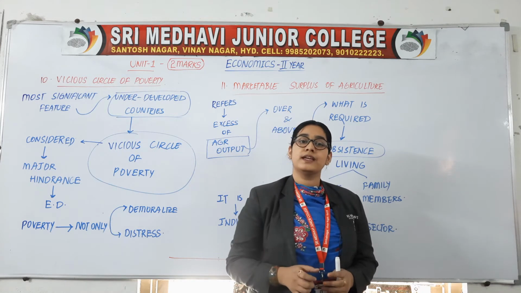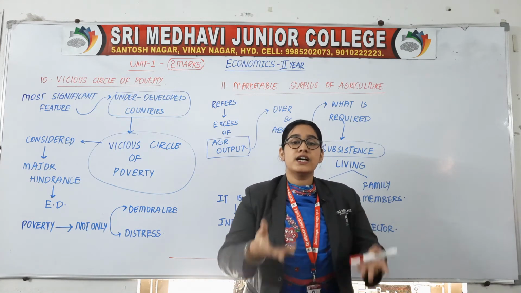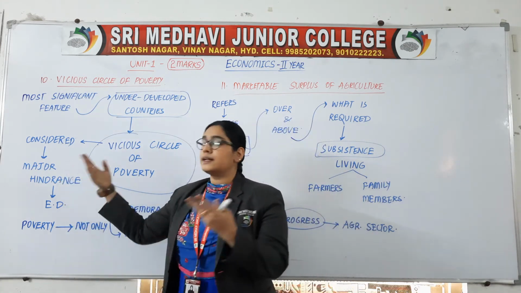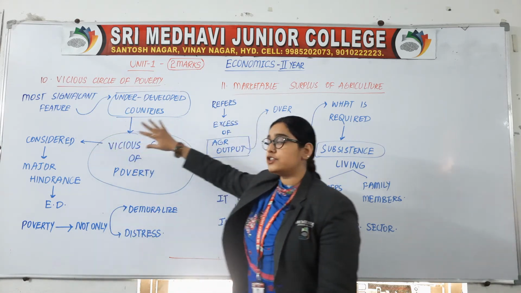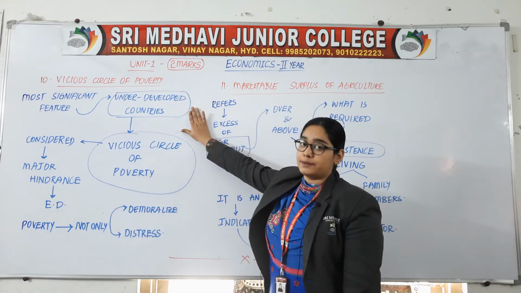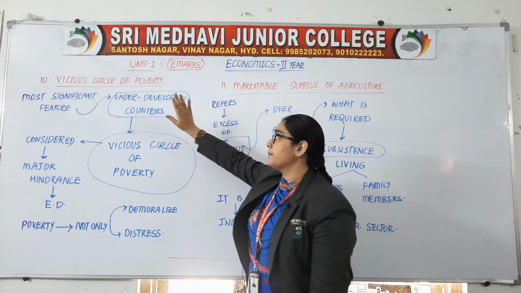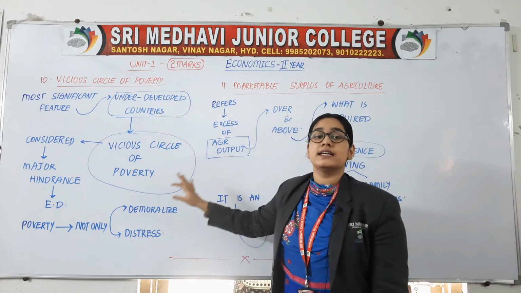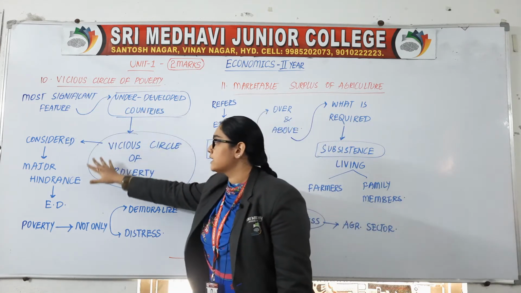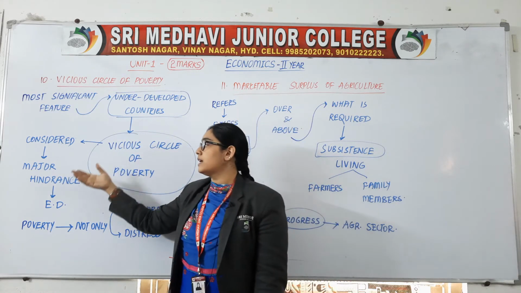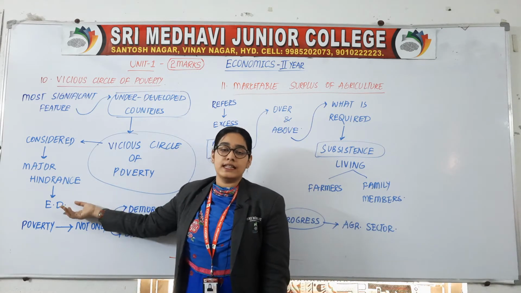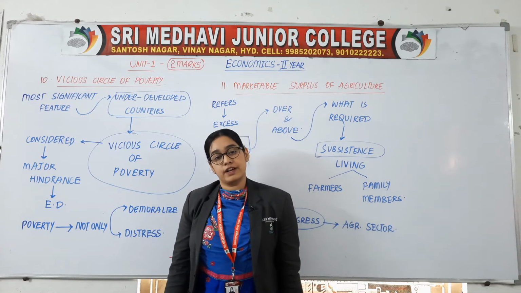So stopping, obstacle, hurdle, hindrance, the meaning is same. So the most significant feature of underdeveloped countries, which countries? Underdeveloped countries is vicious circle of poverty. It is considered to be a major hindrance in the economic development of a country.